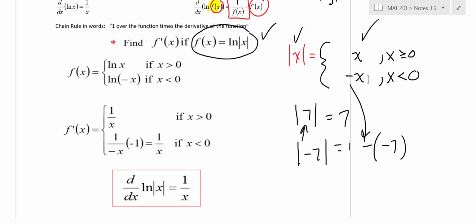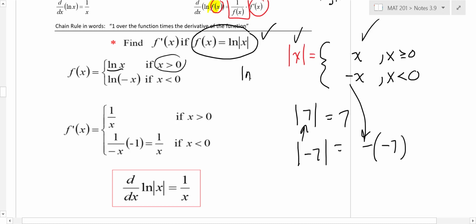So what I'm doing with this is applying that definition. So if you're doing an ln of absolute value of x, if x is positive, then it's just that, right? I mean, if you had the ln of 7, isn't that just the ln of 7? But if it's negative, which is what this is saying, then you would apply that definition.